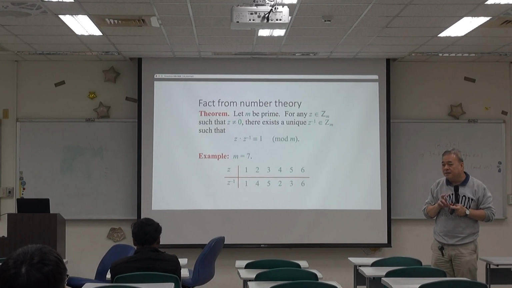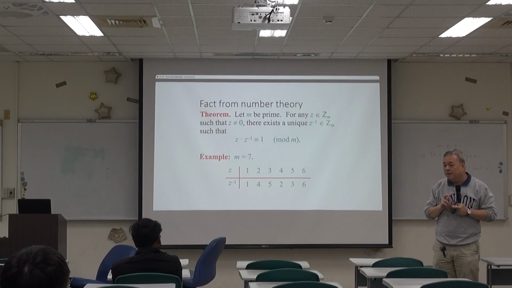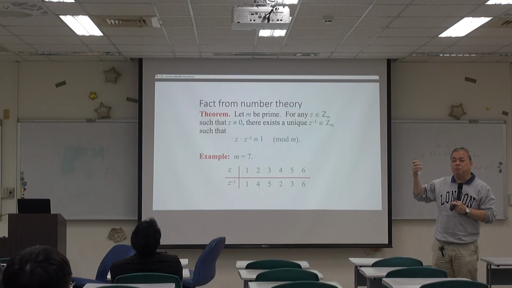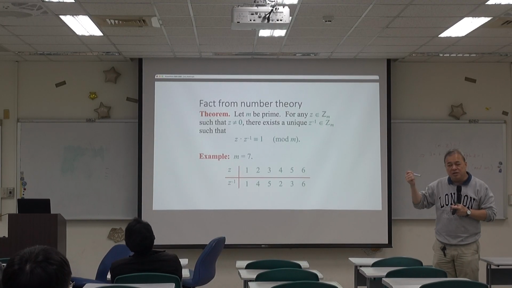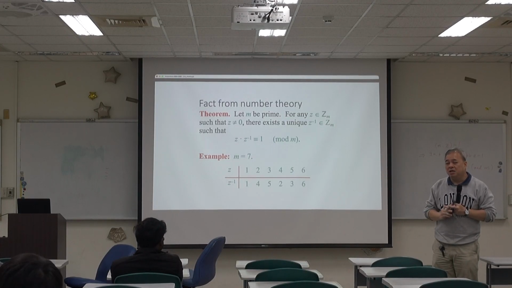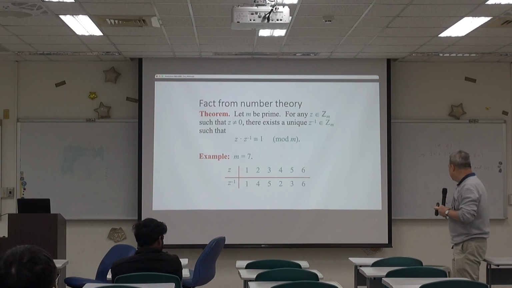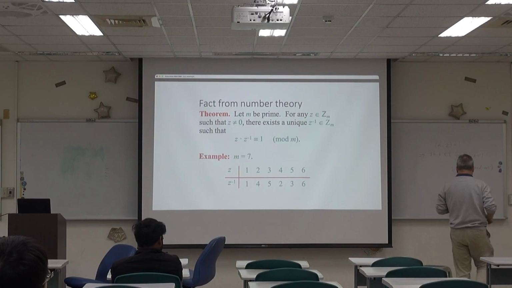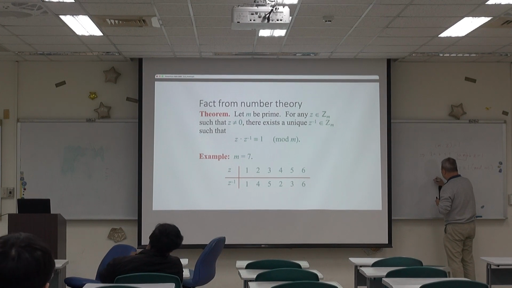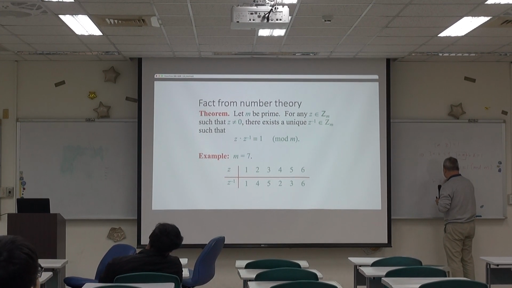Okay. And the next thing is you have to prove this inverse not only exists but is also unique. Say if b1, b2 are both inverses.